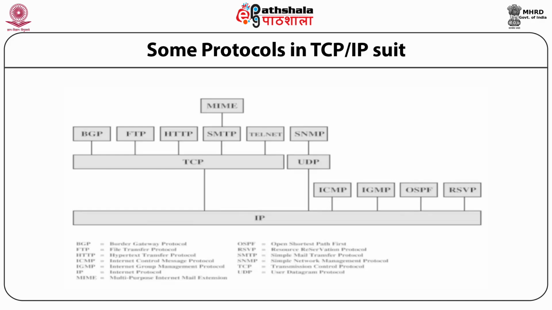Then SMTP is the Simple Mail Transfer Protocol, and POP3 is also there, which is not mentioned here. SNMP is the Simple Network Management Protocol. Say your device is to be managed remotely from some location. I take an example: you have a Xerox machine where an IP can be given, and it can be switched on or off. So you need an application protocol in that machine, Xerox machine or refrigerator.